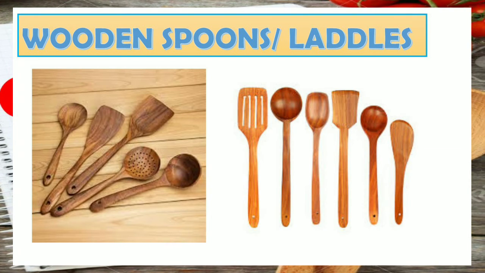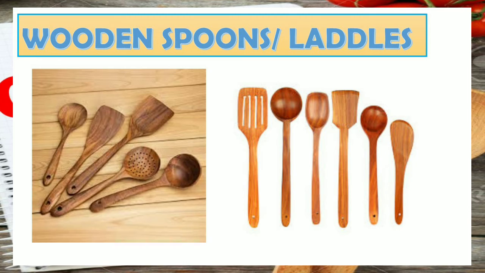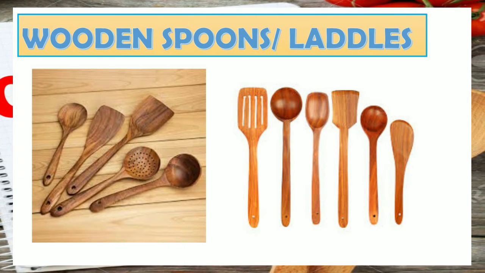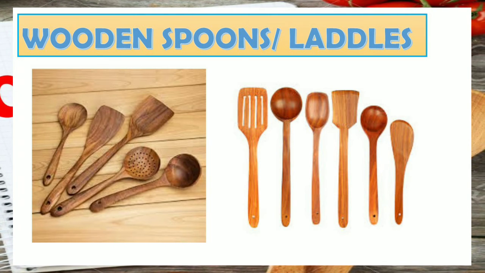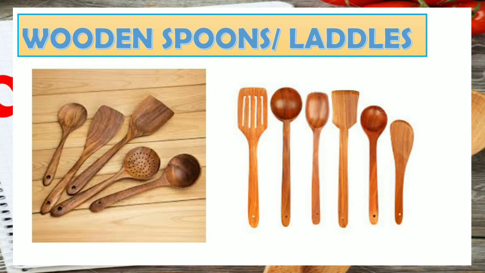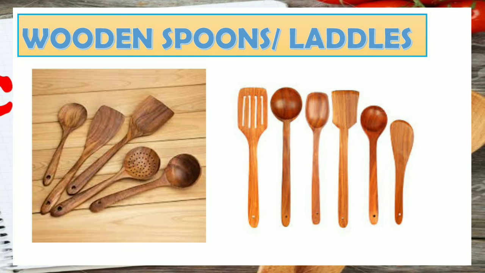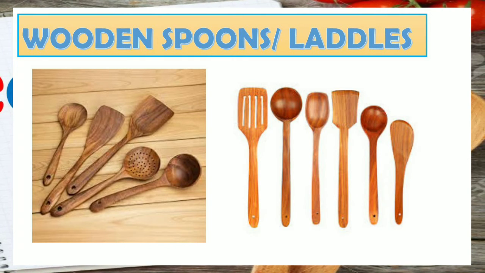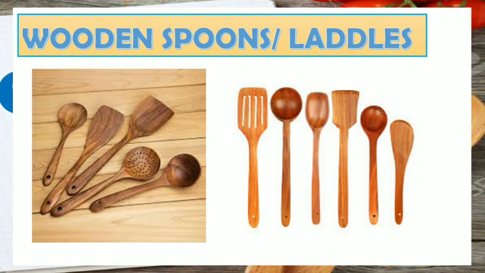Because if you use a stainless ladle on Teflon, it will scratch the Teflon pan. So to make our Teflon pan last longer, we use wooden spoons or ladles for mixing while cooking.